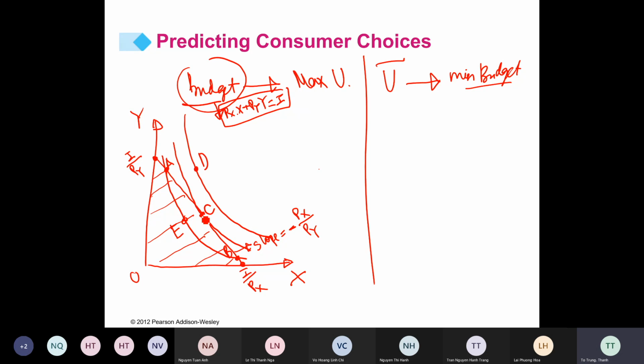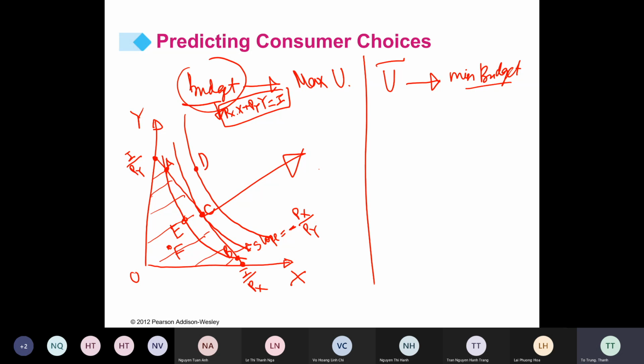Point C as well, right? Point C is also in the affordable area. Point C lies on the budget line. But if you compare point C, A, E, B, and any point F inside the affordable area, right? We get the conclusion that point C could be the best consumption choice, right? At point C, you get the highest level of satisfaction given the budget line.